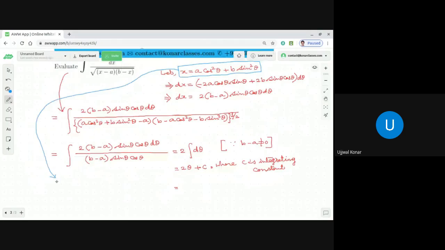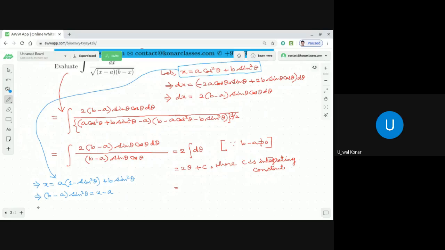So this implies x equals a into 1 minus sine square theta, plus b into sine square theta. So from here we get b minus a into sine square theta is equal to x minus a.